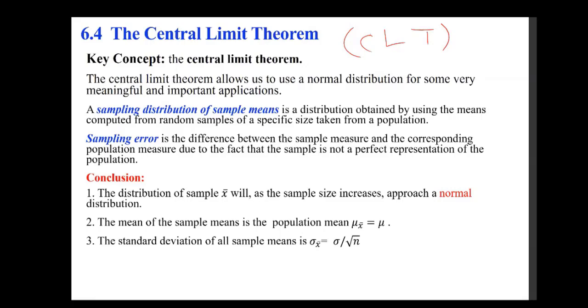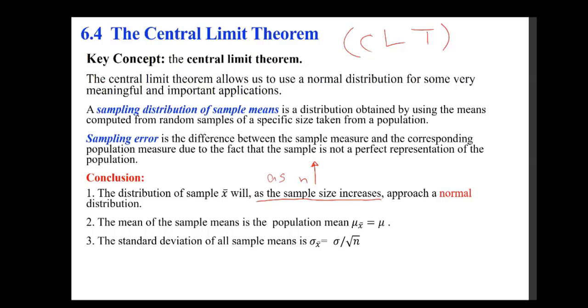Now, here's the conclusion. The distribution of sample x bar will, as the sample size increases, approach a normal distribution. In other words, as n gets larger, the distribution becomes more and more normal.